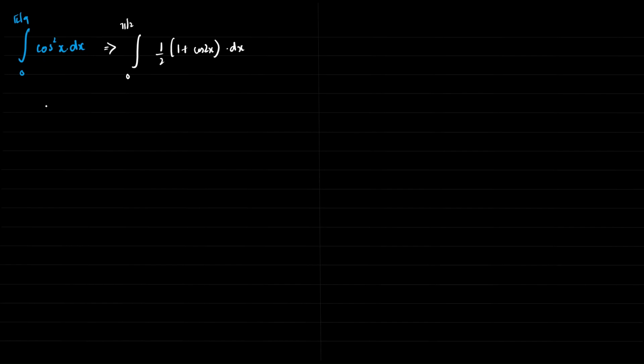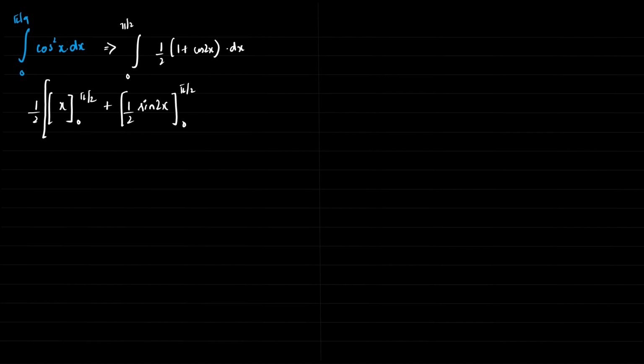Again, you can integrate this, so half multiplied by x, and this is from 0 to pi over 2. We have to substitute this value, and then it is going to be plus half sine 2x, and here also I have to substitute 0 and pi over 2.